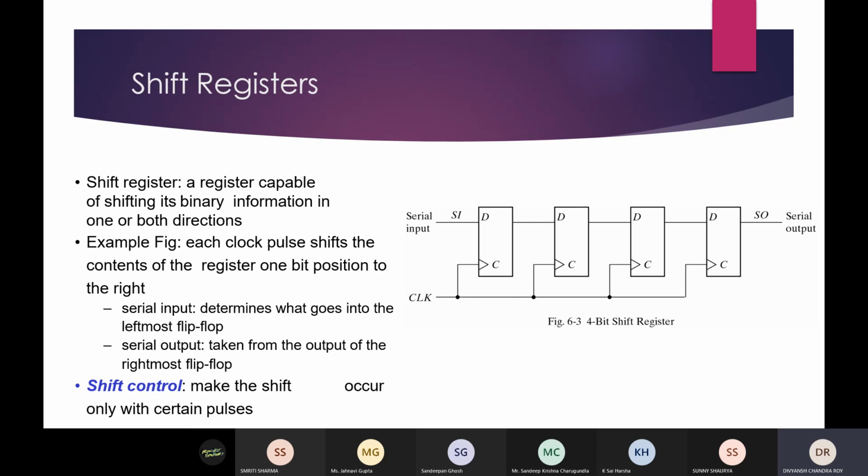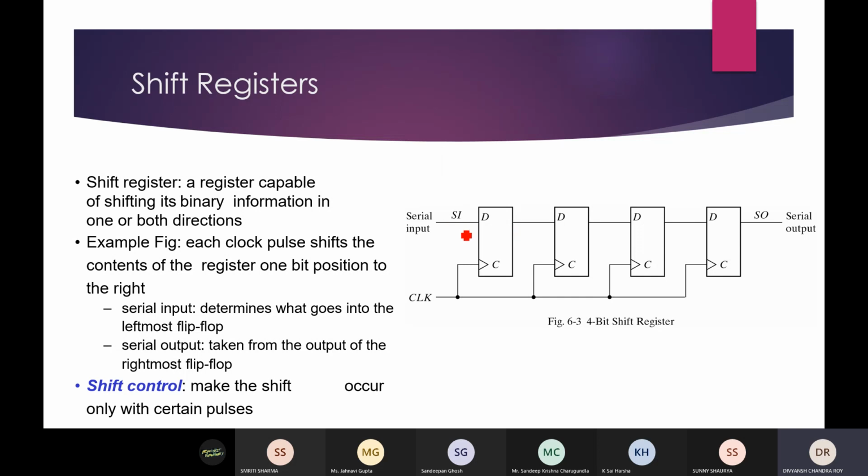Now the shift registers. Shift registers are a special register that are capable of shifting its binary information in one or both directions. That direction can be anything like left shift or right shift. This is the circuit diagram of the shift register.